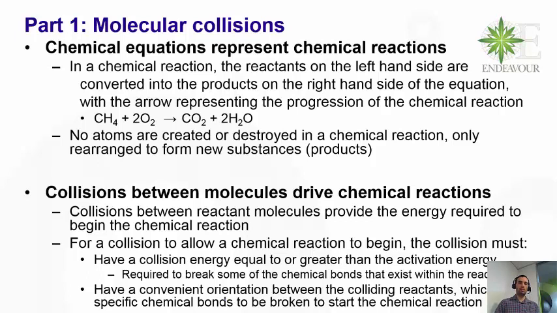If either of these factors are not present, for example, if the activation energy is not met, then you do not get the chemical reaction. And even if the activation energy is met, if the collision is not in a convenient orientation, then there's no reaction. So this is basically why most collisions between reactants don't result in a chemical reaction. But there are enough of these collisions that do result in a chemical reaction, so that's what we're focusing on once these two factors are met.